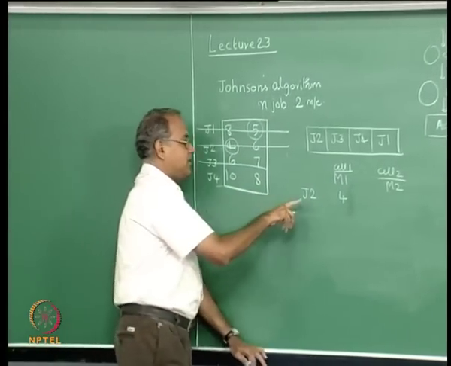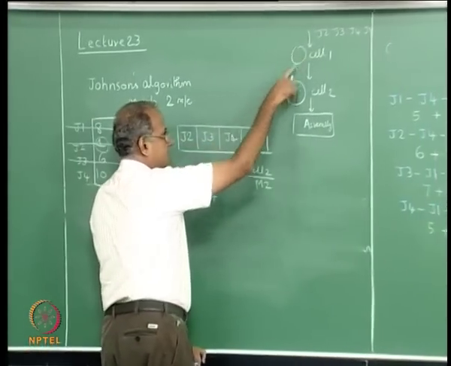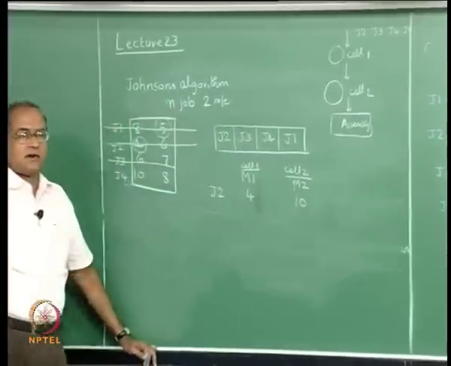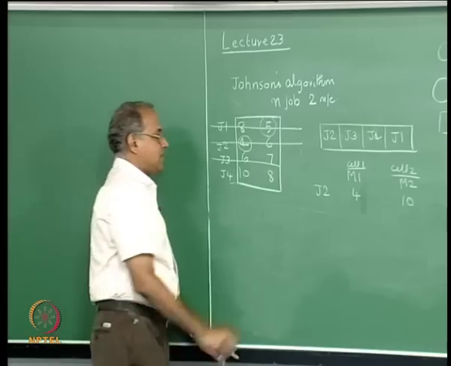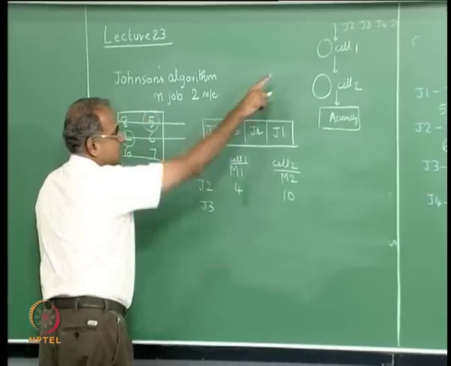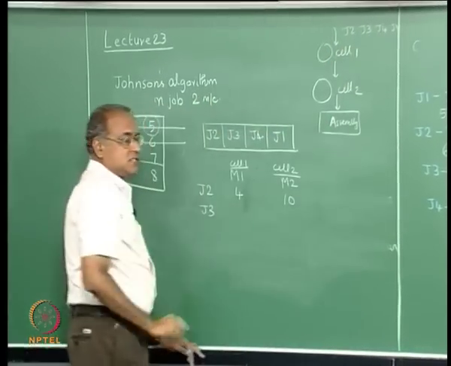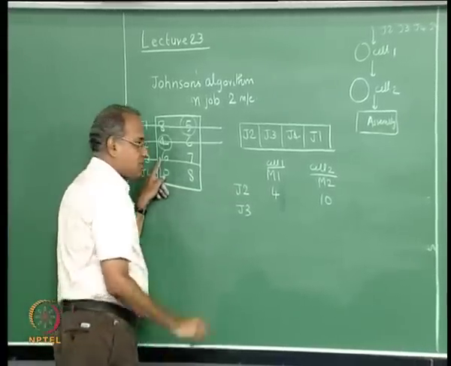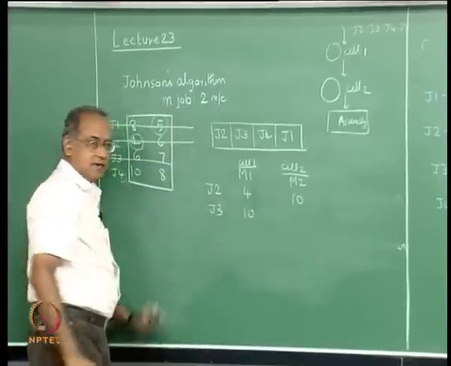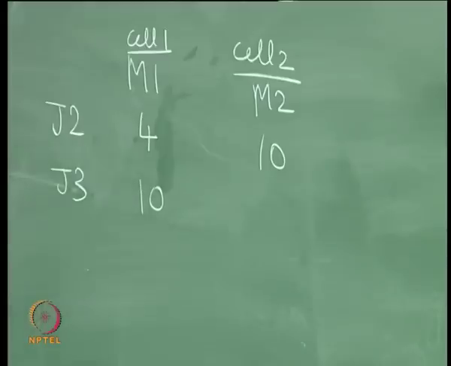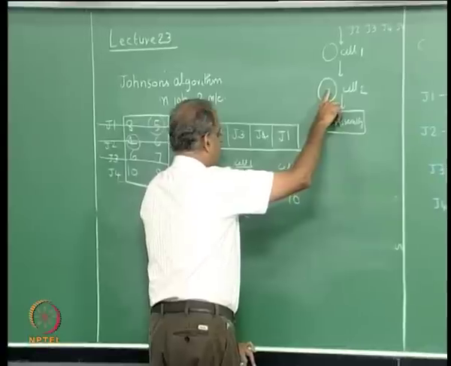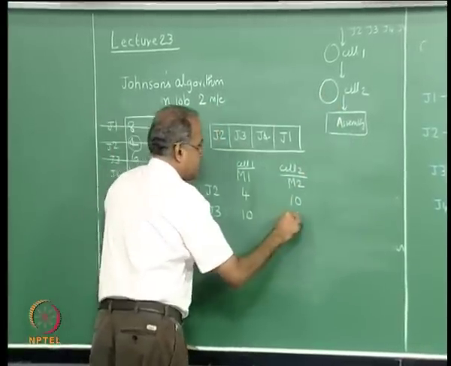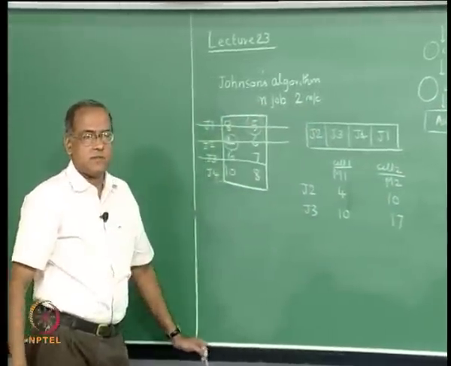Now at time equal to 4, J2 will come out of this, come to cell 2, take additional 6 and finish at time equal to 10. Then I will have J3, which is the next one coming. So this one is free at time equal to 4. So J3 will take 6 more time units, finish at 10, which is exactly the time at which J2 leaves this cell. So this becomes free. So this starts and finishes at 17.